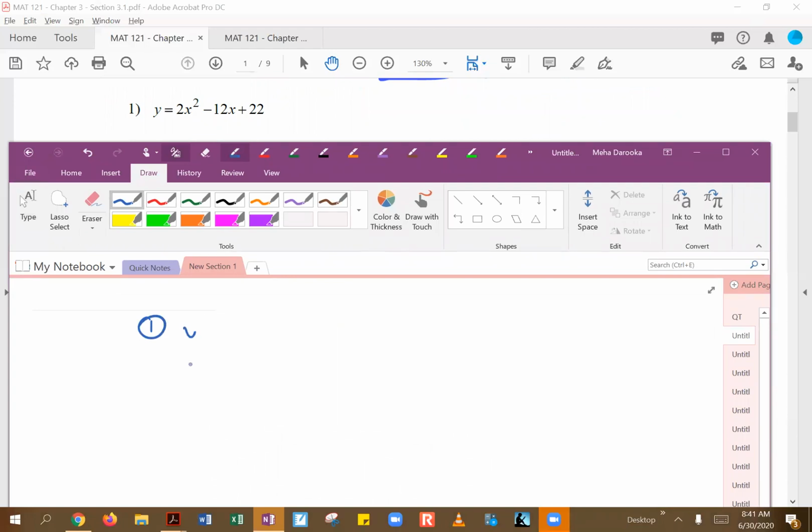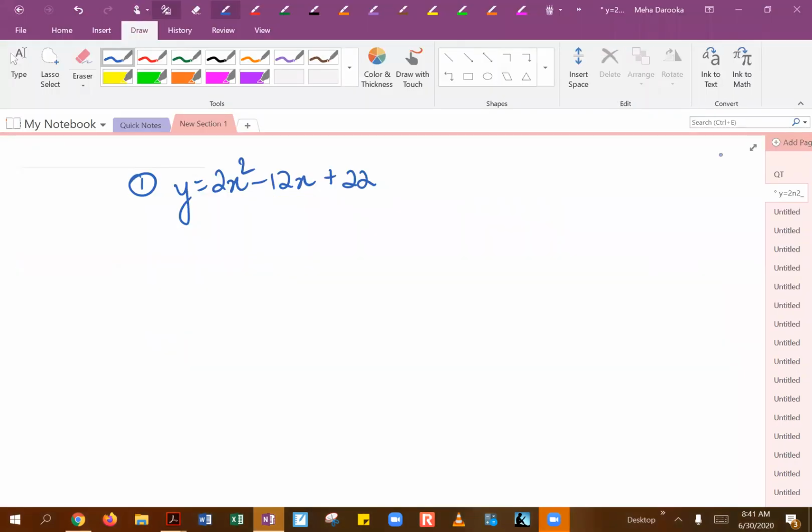Okay, so we are given y equals 2x squared minus 12x plus 22. So the first thing we actually need to do is make that x squared have a coefficient of 1. And right now, of course, our coefficient is 2x squared, right?